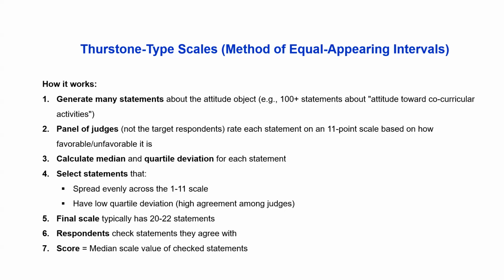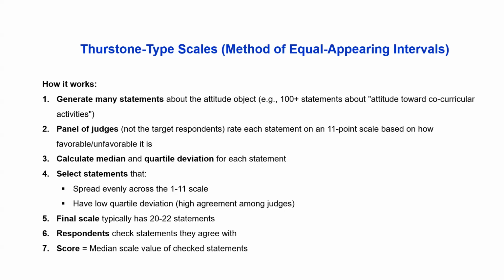Then select statements that spread evenly across the 1 to 11 scale and have low quartile deviation, meaning high agreement among the judges.